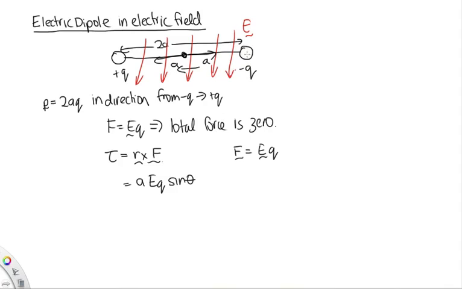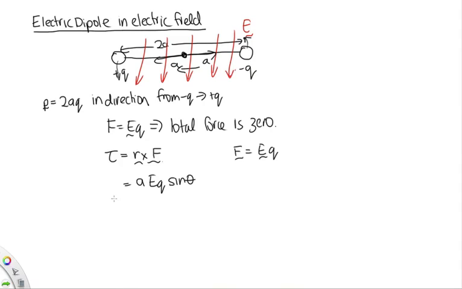Now, because of these opposite signs, both of these charges are going to try and get it to rotate in the same direction in the electric field. So this positive charge is going to feel a torque trying to get it to turn that way, and this negative charge is going to feel a torque trying to get it to turn that way. So the torque is out of the screen in both these cases.